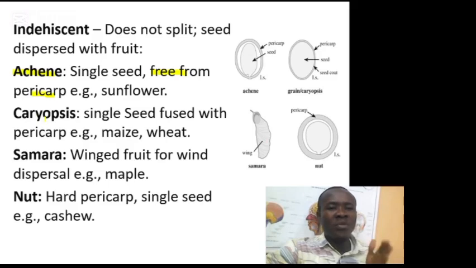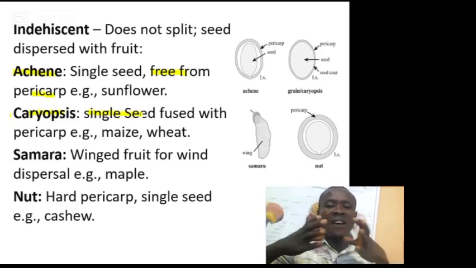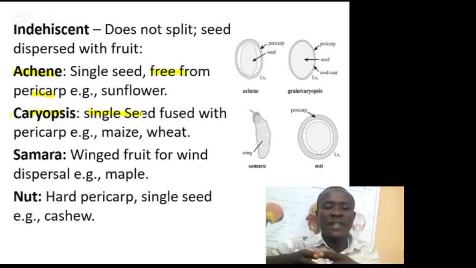The other type of dry indehiscent fruit that we have is the caryopsis. In here, they also have a single seed, but that seed is fused with the pericarp. That means the pericarp and the seed are fused together. It is not free.